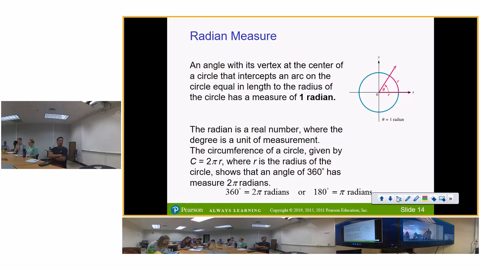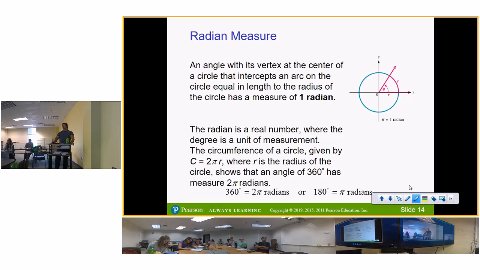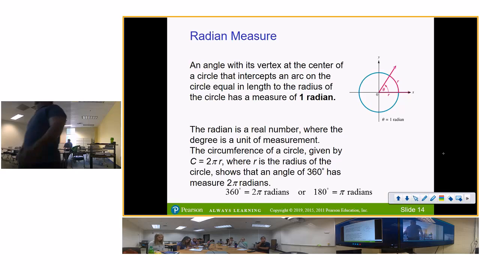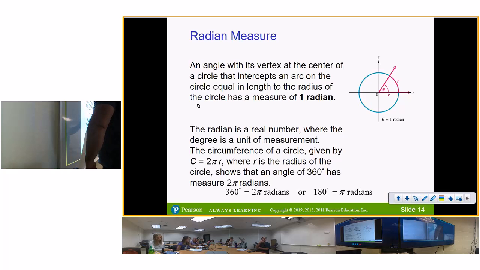Okay, here's your conversion. There is your conversion. Basically, if you want to change from degrees to radians, you multiply by pi over 180.